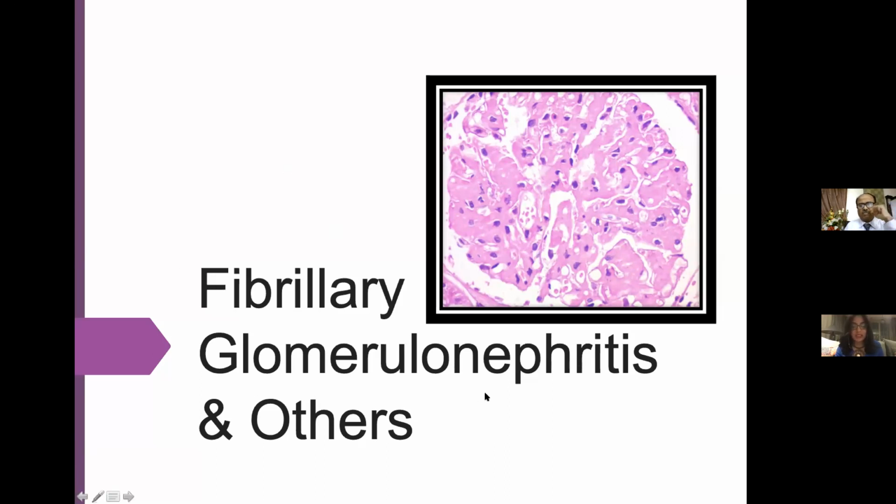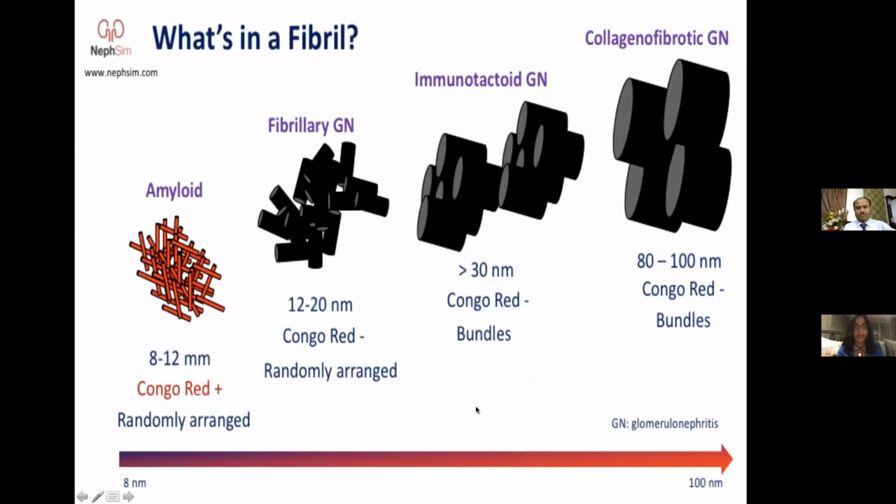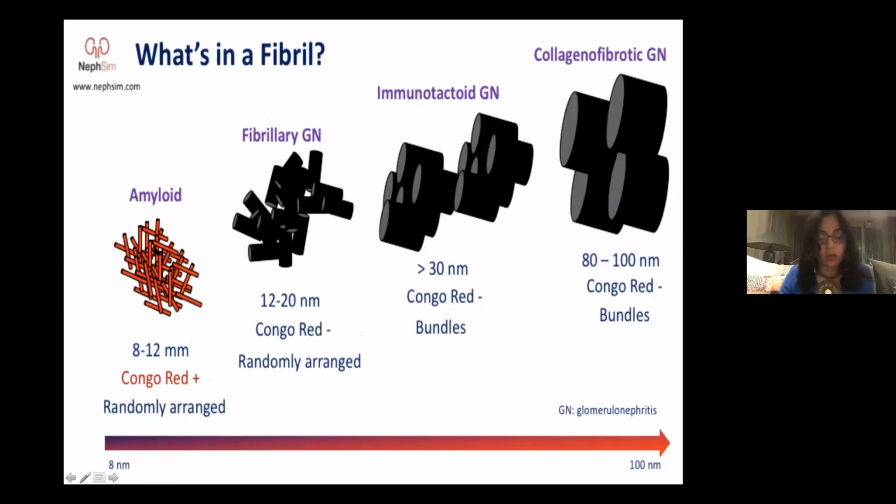Today, as Dr. Hussein said, we will continue what we consider deposits in the glomeruli, or rather what is considered fibrillary deposits, or what a fibril is in general that can get deposited in a glomerulus. We have already discussed amyloid, and amyloid are the smallest fibrils, randomly arranged.